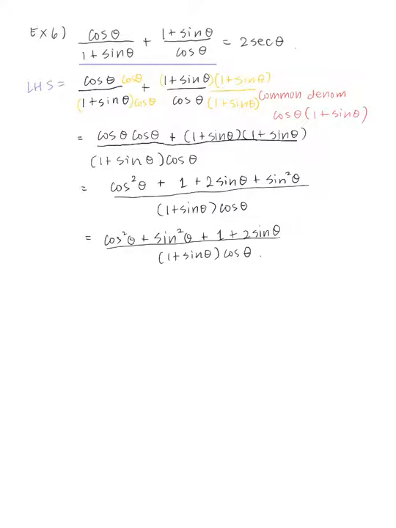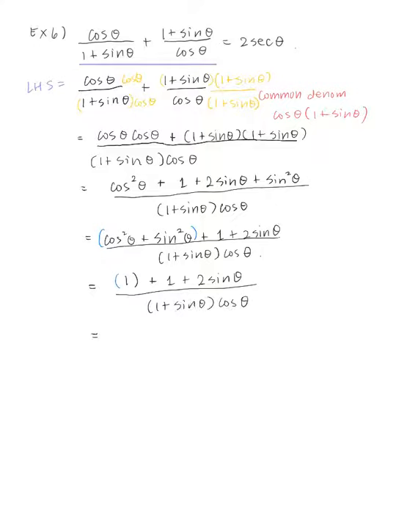Okay, now cosine squared plus sine squared is 1. So here what we're going to get is 1, then plus 1 plus 2 sine of theta, whole thing over 1 plus sine theta, cosine theta.